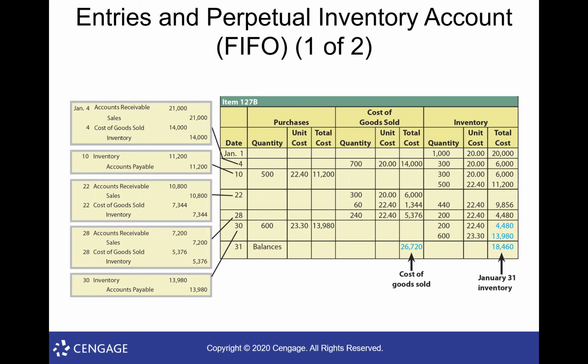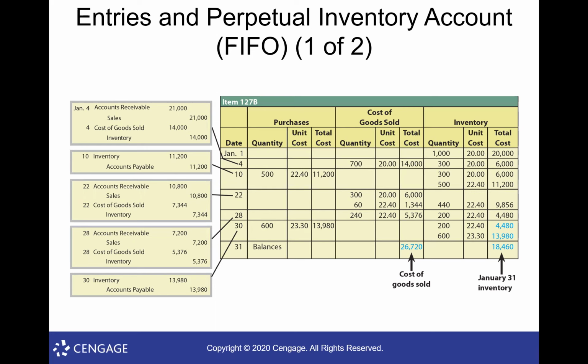On the 28th, we sell 240 more. Well, we only have one cost of inventory at this point, so we're going to assume that all 240 were the $22.40 units. That gives us our cost of goods sold. And where we're getting this amount from is the problem told us the amount we sold each unit for, I think it was 30 bucks.